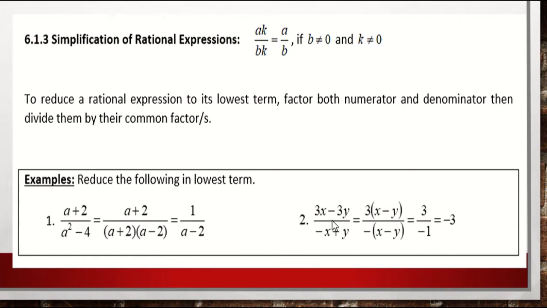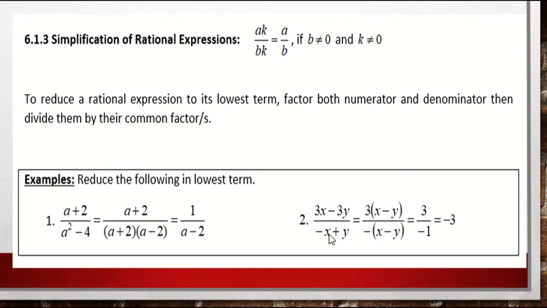Next, number 2, 3x minus 3y over negative x plus y. Okay, ang GCF nila, ang common nila is 3. When we factor out 3, what is left in this term is only x minus y. Okay?